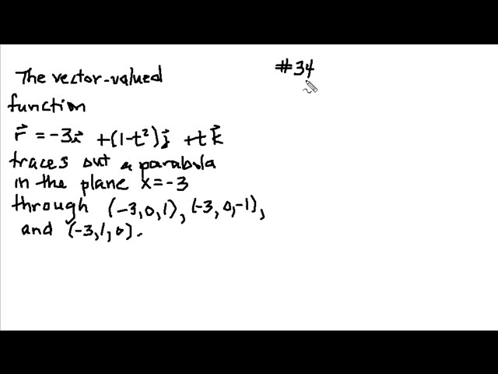The function that they're giving us to graph is r equals ti plus tj plus sine of t times k. And really they shouldn't have to tell us to include the orientation. When they say graph a vector valued function, it's assumed that the orientation would be included in that graph.